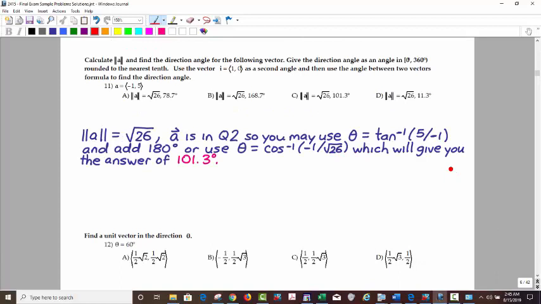Number 11. We want to find the direction angle for a vector, and it wants the angle between 0 and 360 degrees. So to find this direction angle, it's like finding the angle between two vectors, except one of them is just going to be the i vector, 1, 0 along the x-axis.